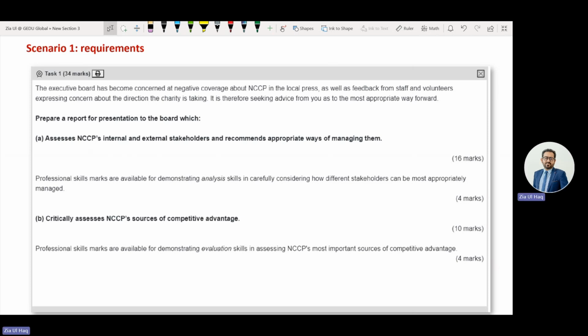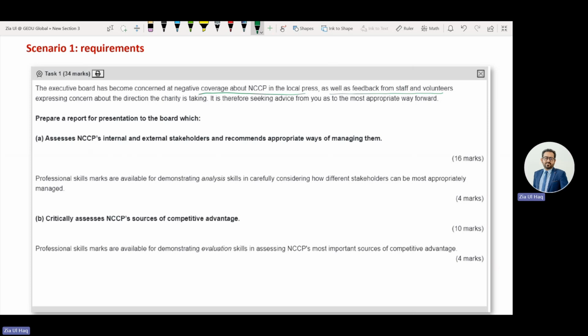The executive board has become concerned at negative coverage about NCCP in the local press. There was negative coverage about the behavior of the CEO, about the performance of the company, as well as the feedback from staff and volunteers. That was too negative.